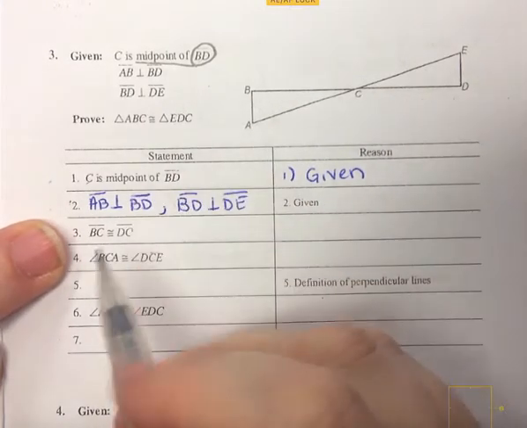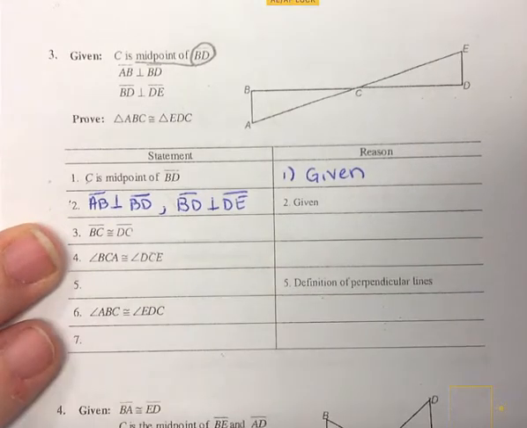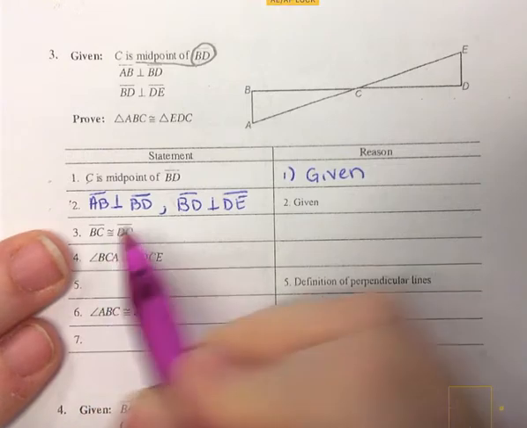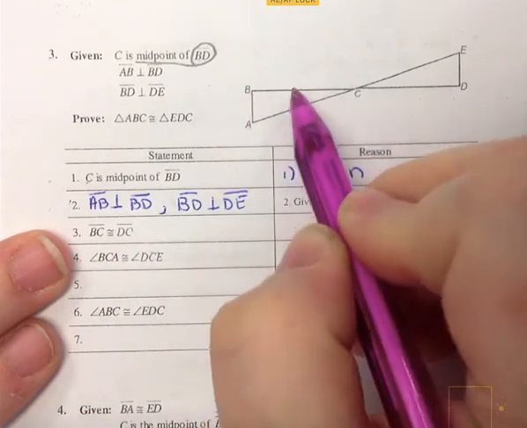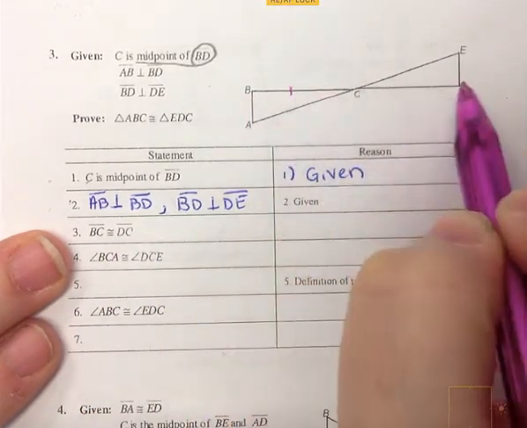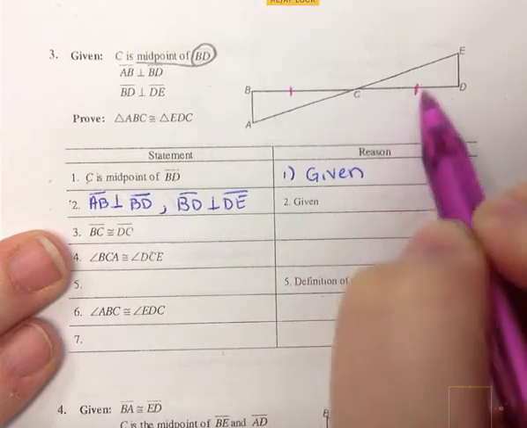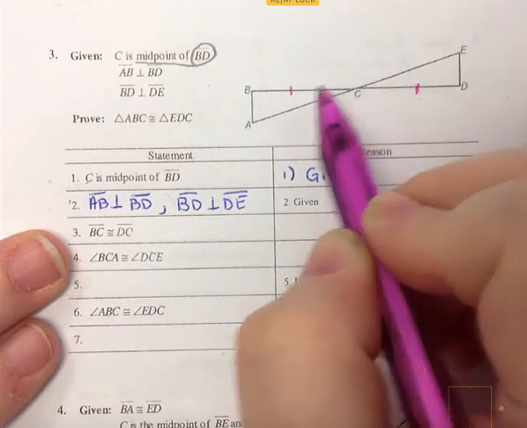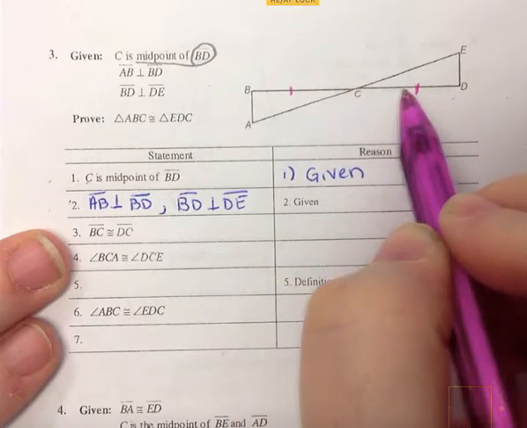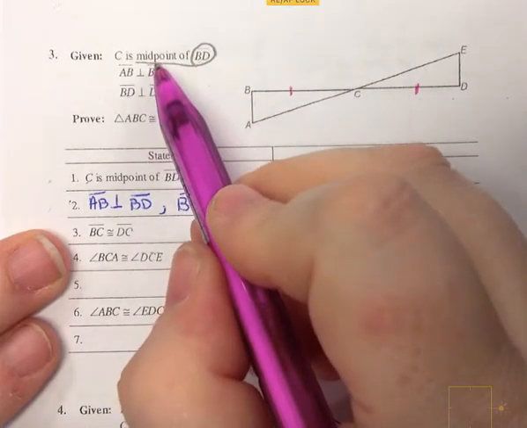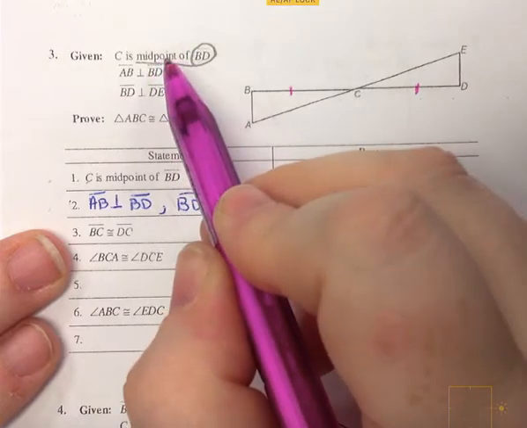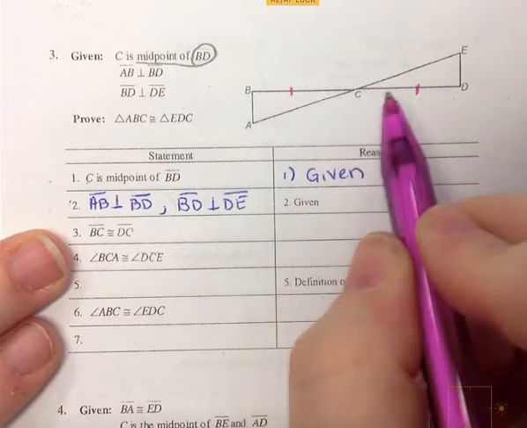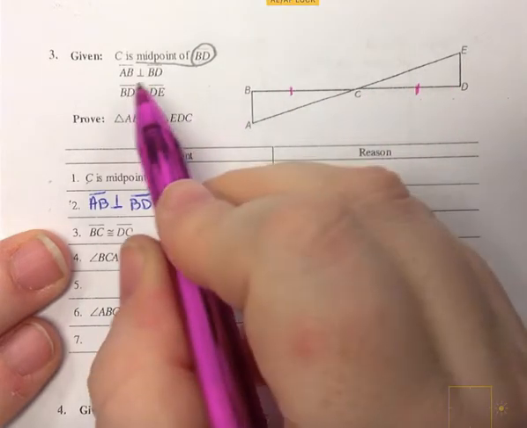So if we look at statement 3, it says that segment BC is congruent to segment DC. Now, this entire segment BD is now split in half. That's what midpoint does. So because of midpoint in our given, we can say that these two segments are congruent because of midpoint.